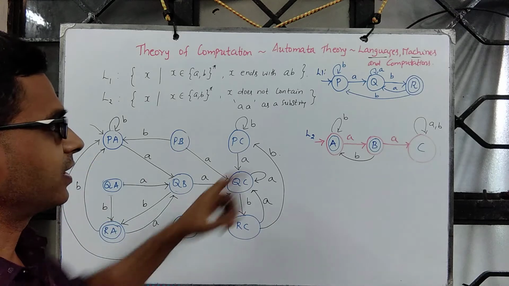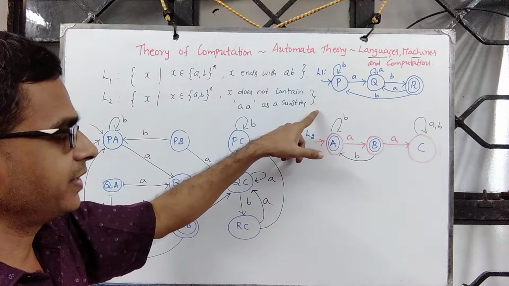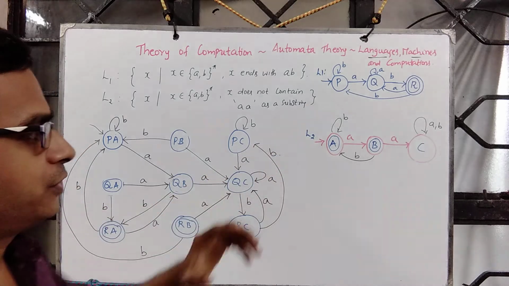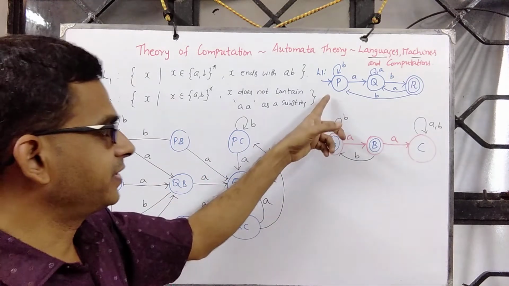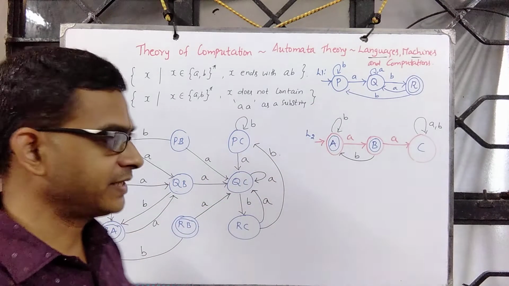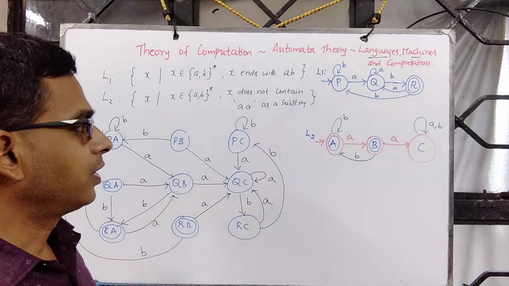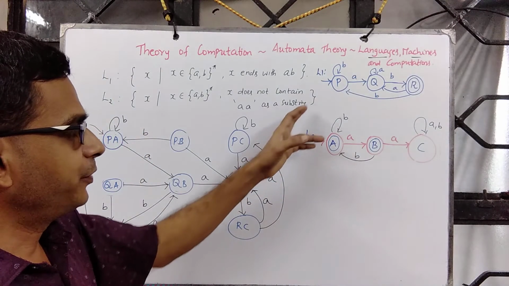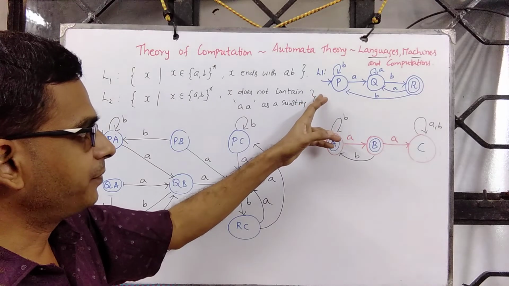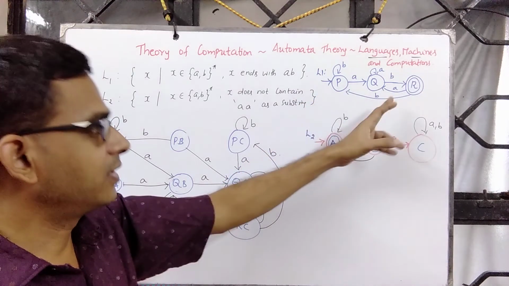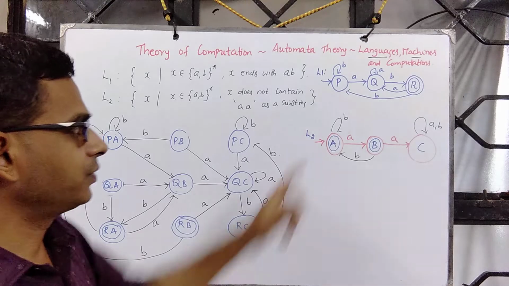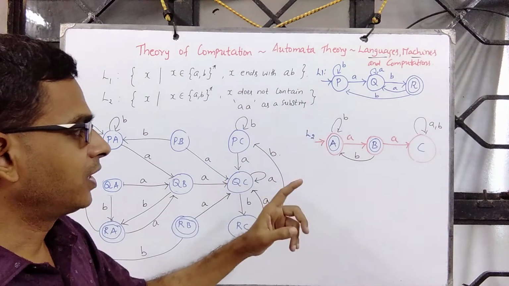The reason is, when you take an arbitrary string x and you wish to know whether it is part of L1 union L2, all that we do is, starting from P, parse x with respect to this automaton.